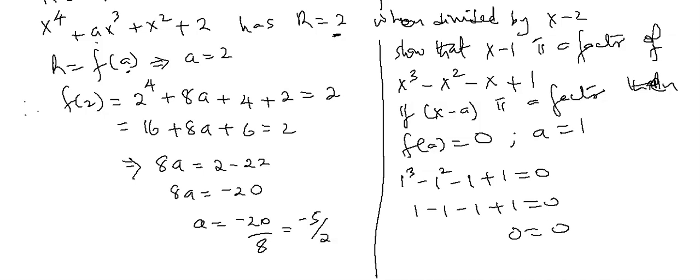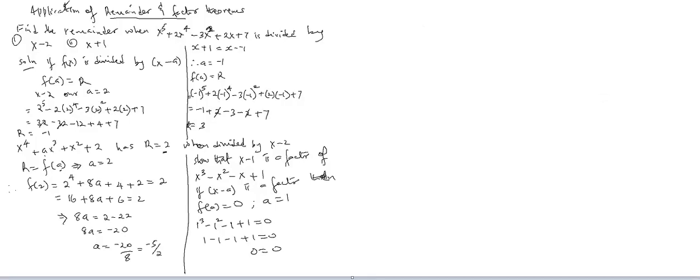Another example is, suppose we have two factors, x minus 1 and x plus 2, and then you are told that the two are factors of x cubed plus ax squared plus bx minus 2.